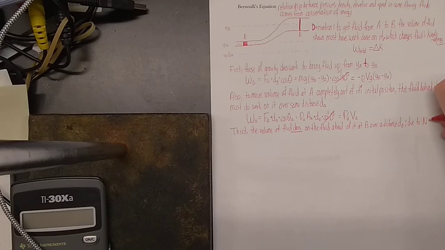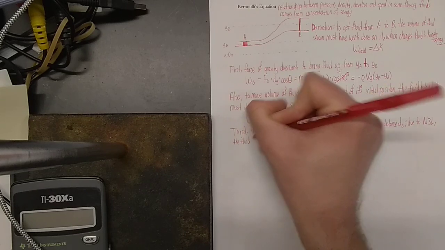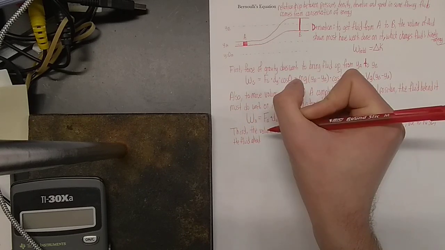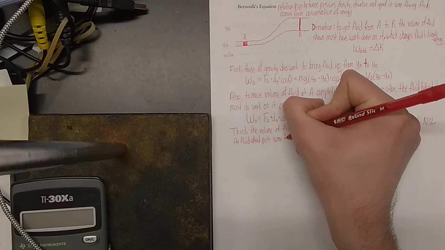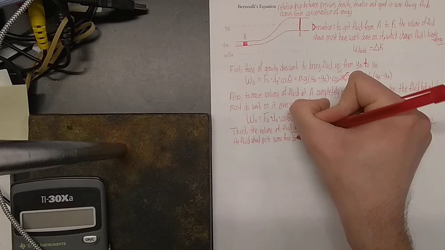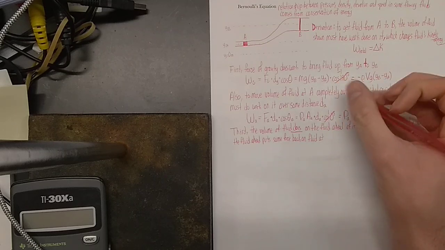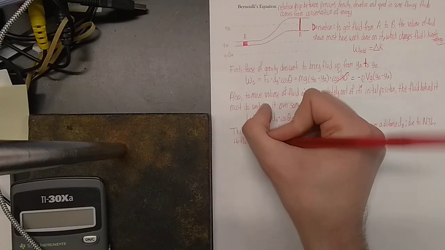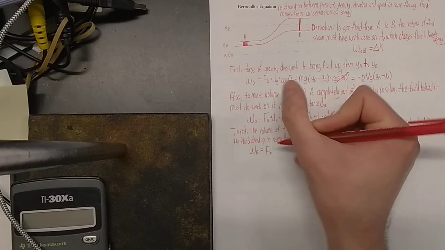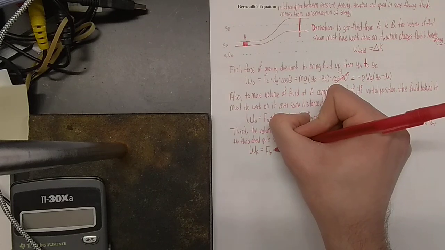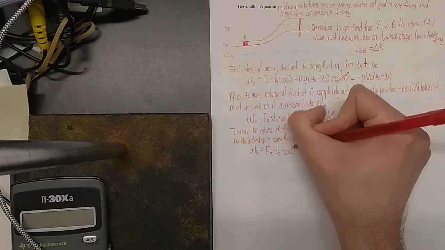Due to Newton's third law, the fluid ahead puts the same force back on the fluid at B. So the work done at B is equal to the force exerted on the fluid at B multiplied by the distance that that force is exerted for, multiplied by cosine theta B.